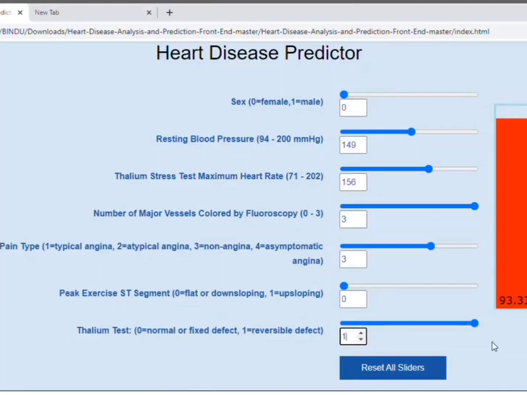So now we can see that the color of the slide bar is red, which represents that the chances of having heart disease are very high. In this way, we can easily find out the chances of a patient having heart disease.